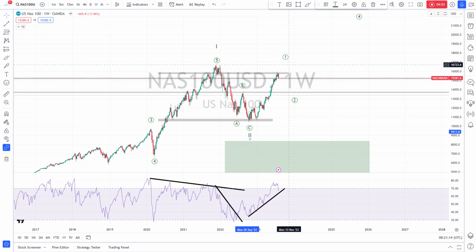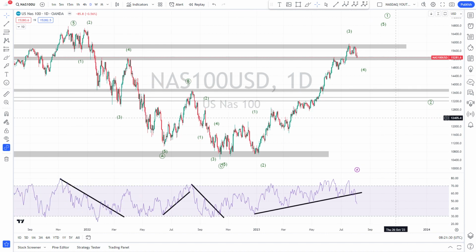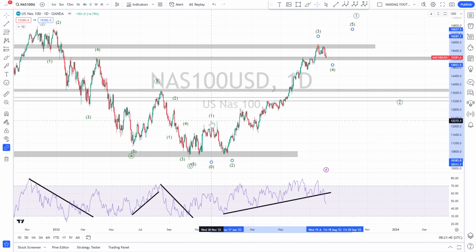And actually, we are at a very interesting moment now, because some correction started. If we look at the daily, this here is our wave 2 low, and we are working on this wave 1, and now it looks like we have a wave 1 here, a wave 2, and that this here is our wave 3 to the upside.